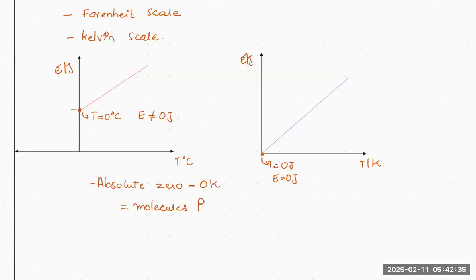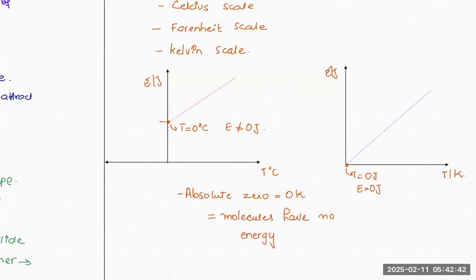If I take the graph I drew for the centigrade scale and extrapolate it, which means extend it backwards to this point, now the energy is zero. So when the energy is zero, your temperature is going to be minus 273 degrees centigrade.